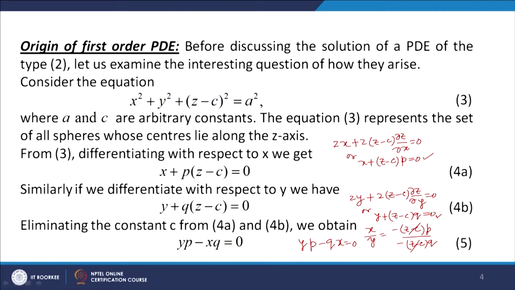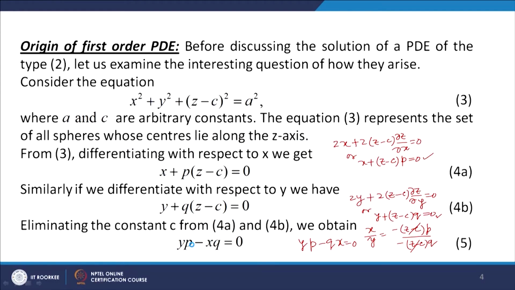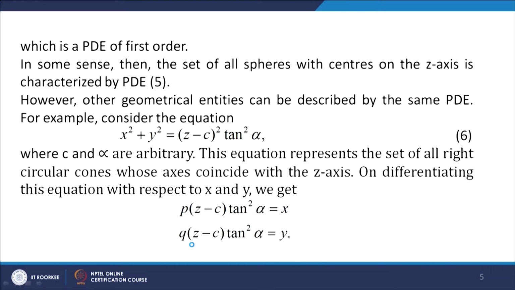So, eliminating the constant c from equations 4a and 4b, we obtain the first order partial differential equation yp − xq = 0, which is a partial differential equation of first order. Now, in some sense, the set of all spheres whose centers lie on the z axis, here we are taking them as (0, 0, c), is characterized by the partial differential equation yp − xq = 0.